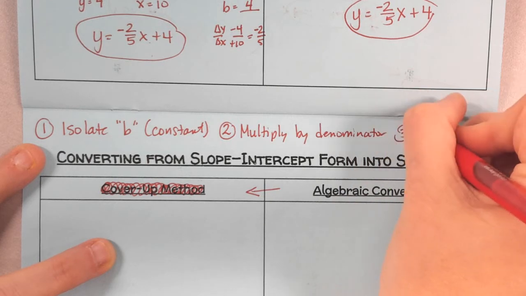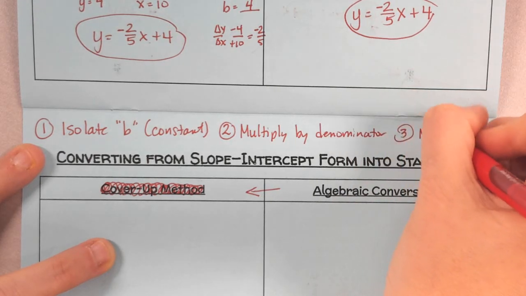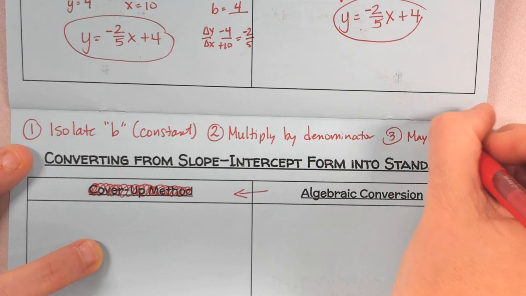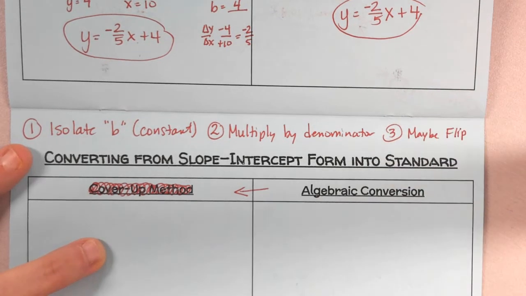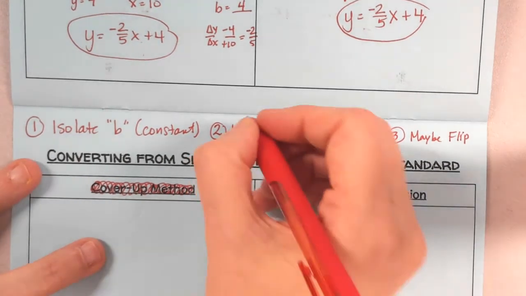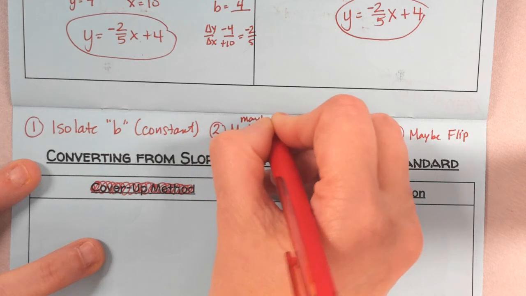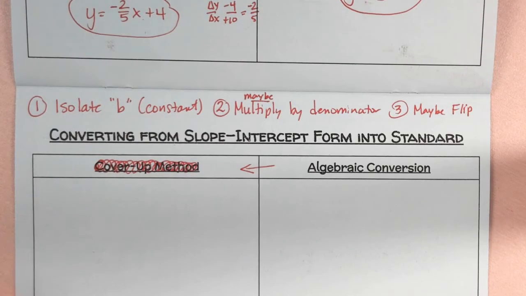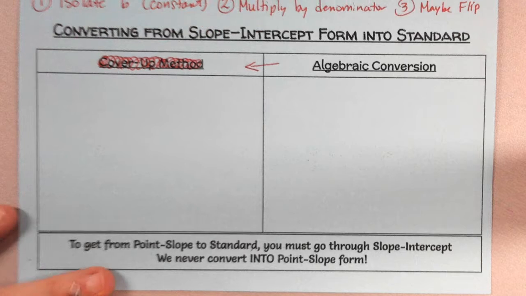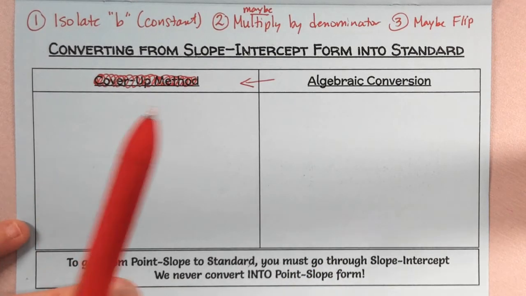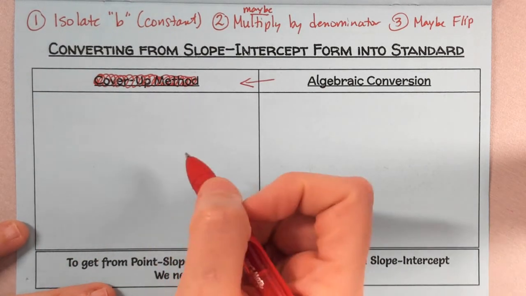And step 3, maybe flip. And this second step is also a maybe. All right, so I'm going to do 2 examples with you because I want to be able to show you all the possible steps you might have to take.